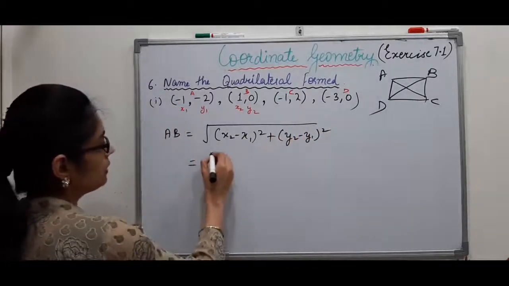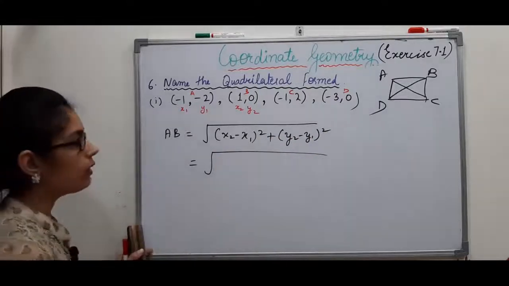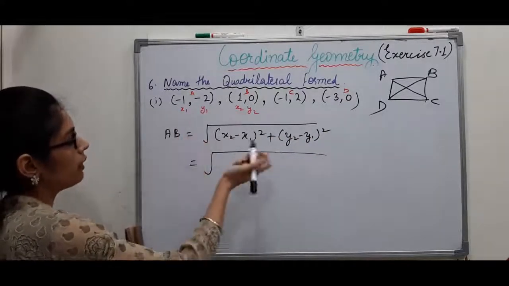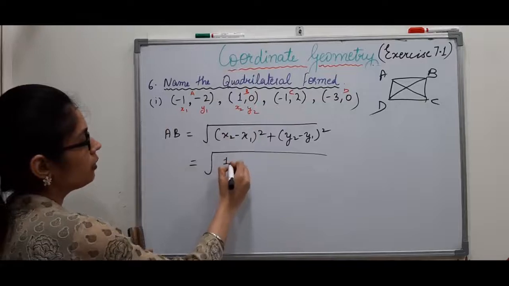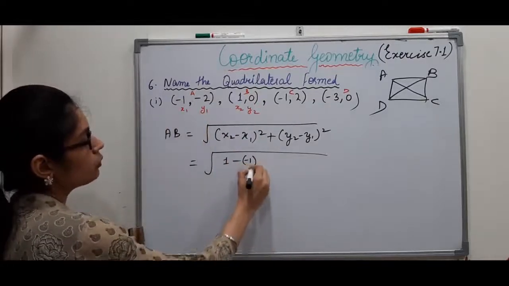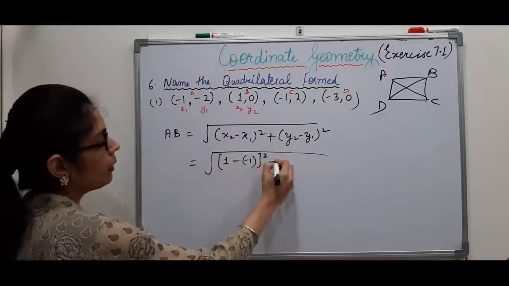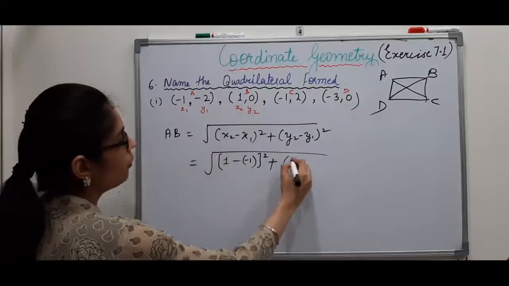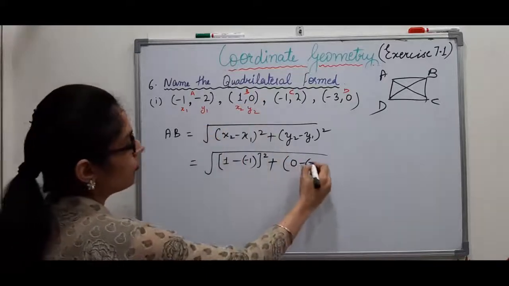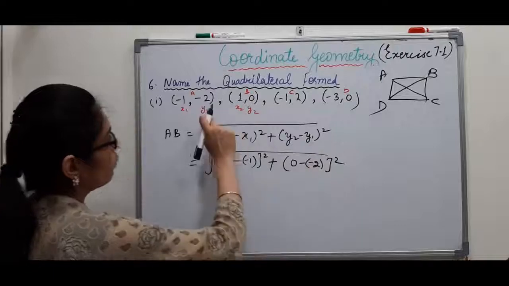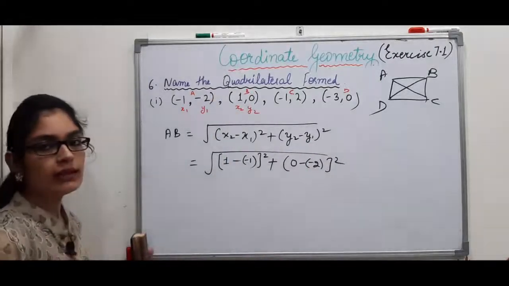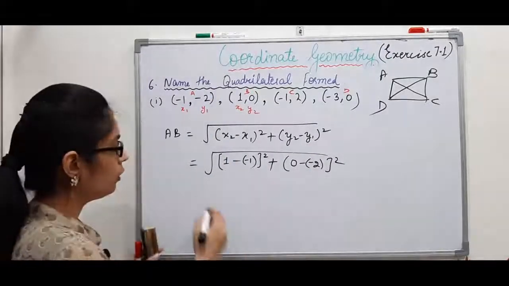So now we just have to put the values of x1, x2, y1, y2. x2 is 1 minus of minus 1 whole square, plus y2 is 0 minus of minus 2, because y1 is minus 2. So with signs you have to be very careful.